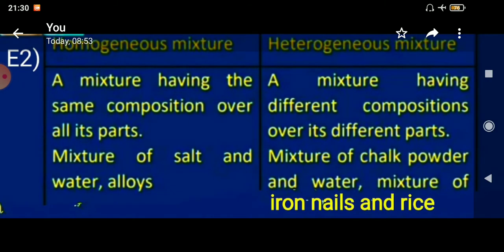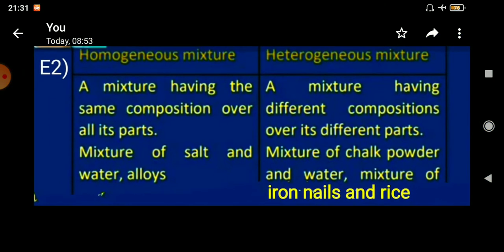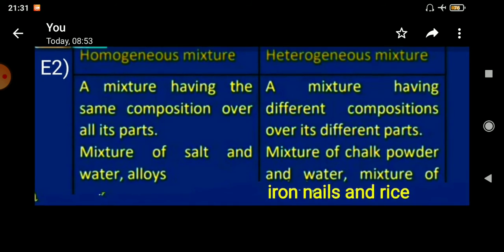Moving ahead, E2, that is, state the difference between heterogeneous and homogeneous mixture and give two examples of each type. So for homogeneous mixture we can write, a mixture having the same composition over all its parts is called a homogeneous mixture. For example, a mixture of salt and water, alloys. It means what?